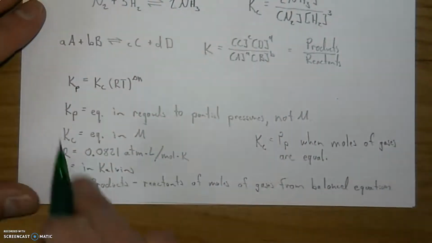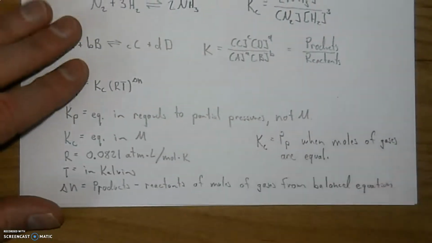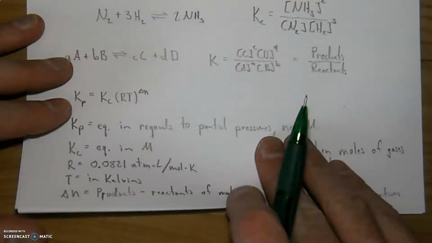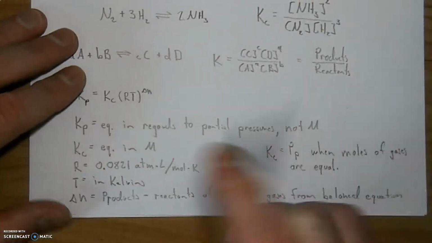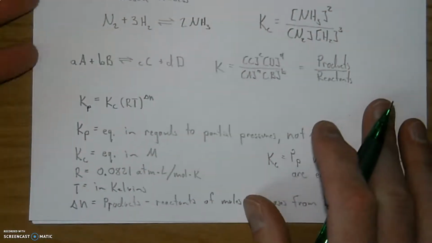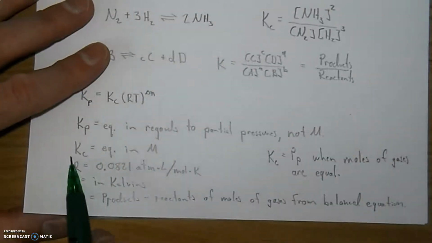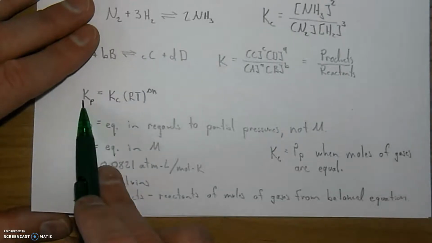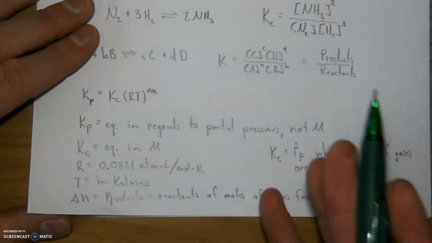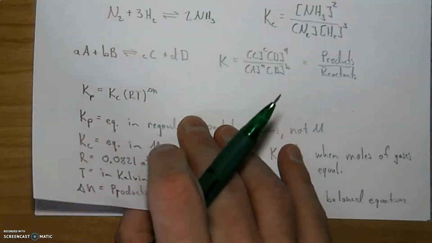So just make sure you're using the correct equation depending on what you want to actually look for. If they're giving it to you in ATMs, you can use that, or you can use the Kc. Either one is fine. It's just when you're transferring back and forth from one to the other. They have different values, but they're independent of each other. Okay, we're going to go over and do a homework problem.